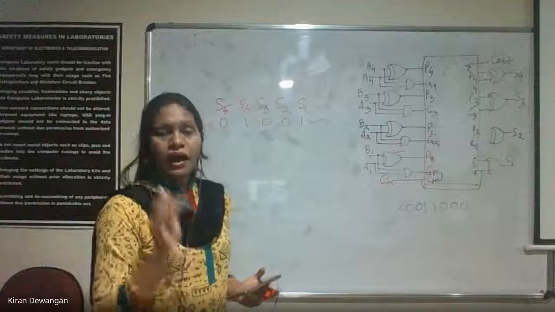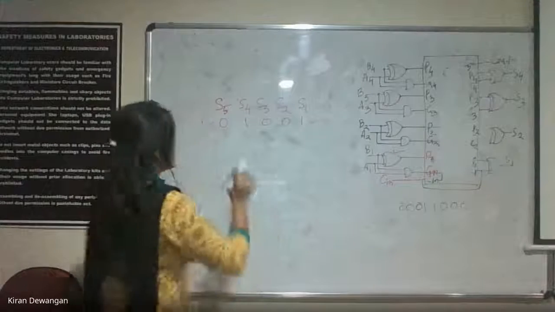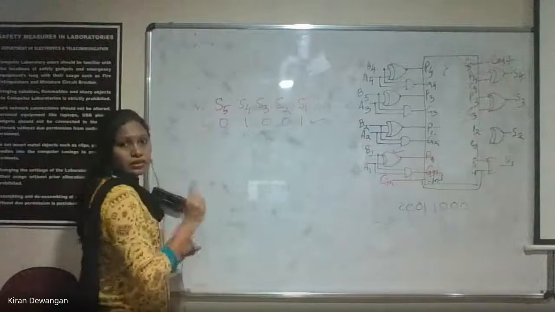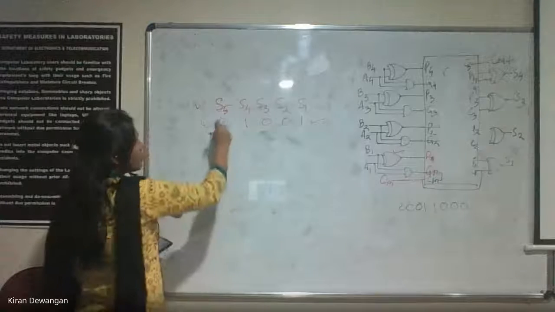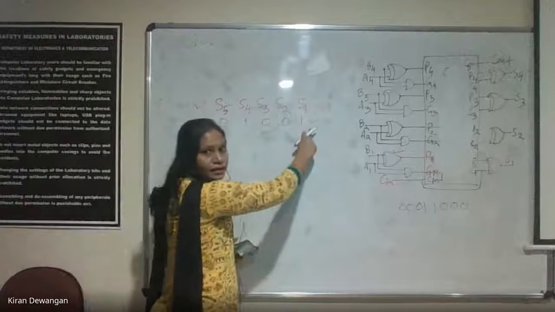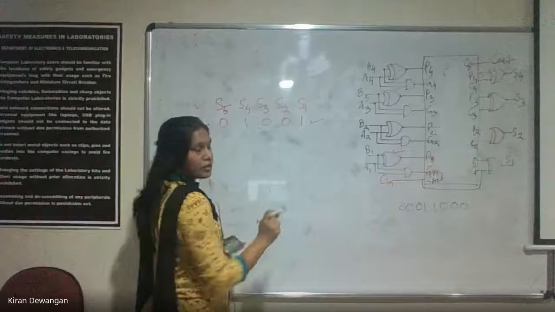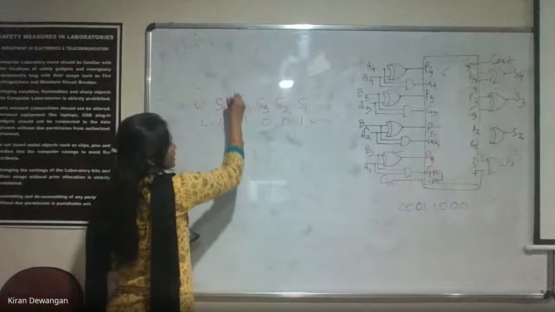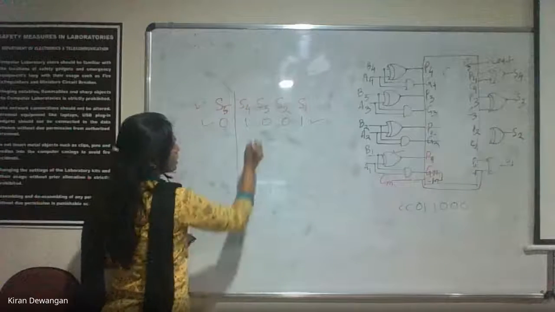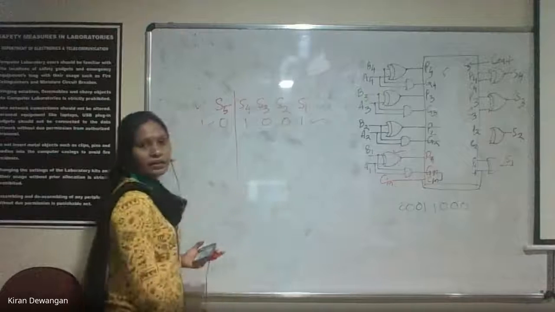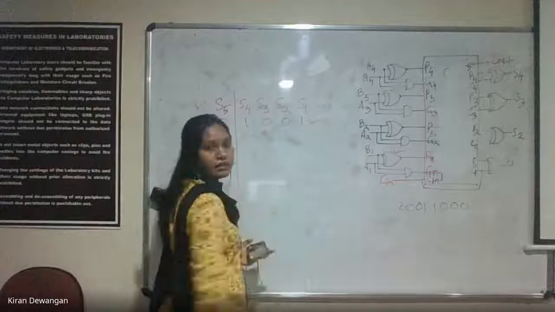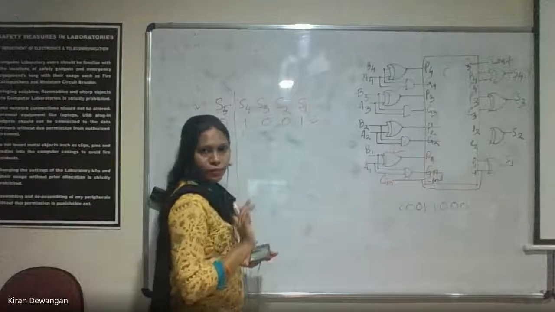Just remember and listen to me carefully. We are talking about the sum output. Sum output जब तक ये रहेगा, this is a valid code. 0 is taken as another value, and this is 1001. This one is a final valid BCD code.